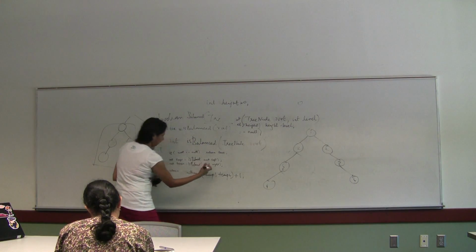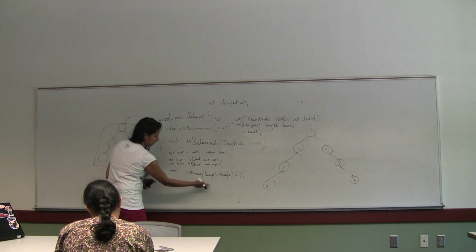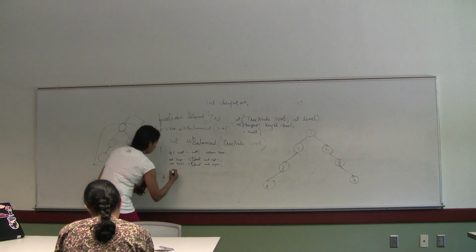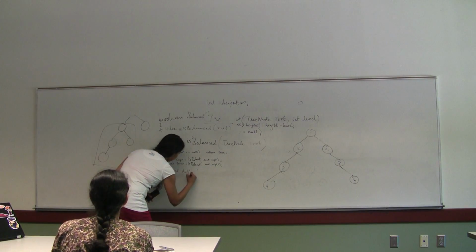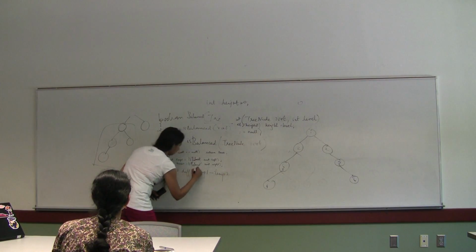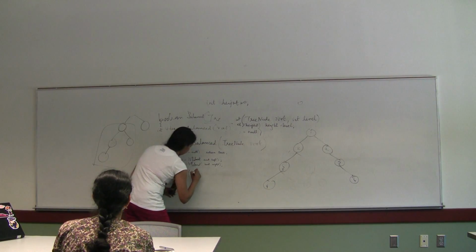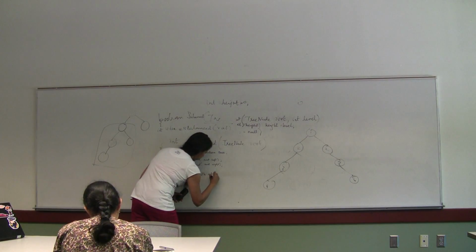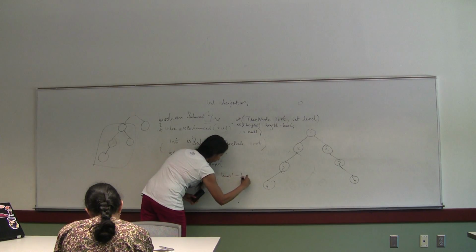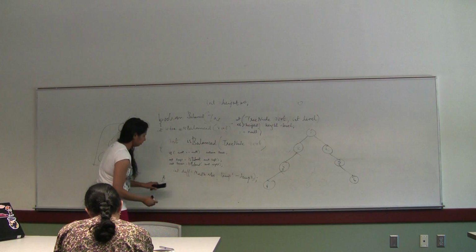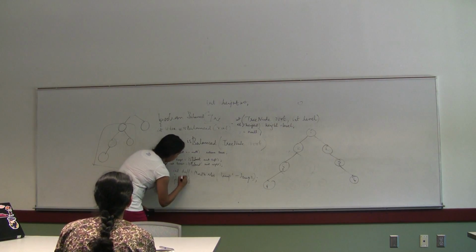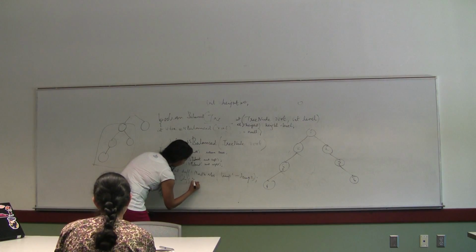Now, I have to take the difference before that. Before I return this, I have to do a difference. So I'll say int difference is equal to temp1 minus temp2, which is again a math absolute. Then I'm checking if the difference is greater than 1.